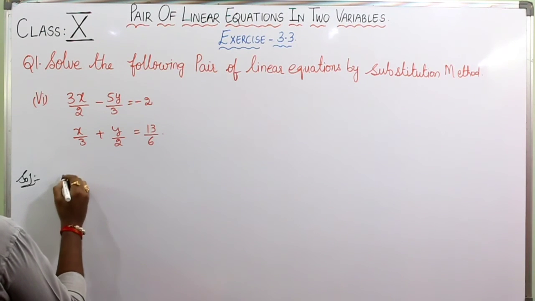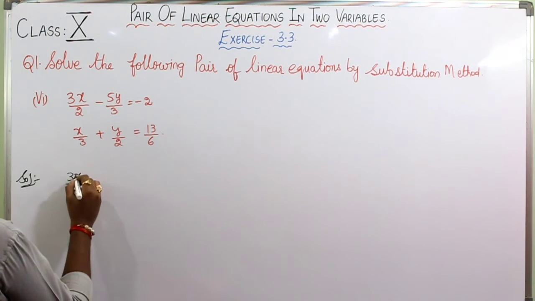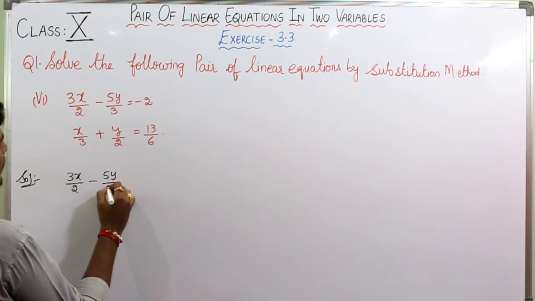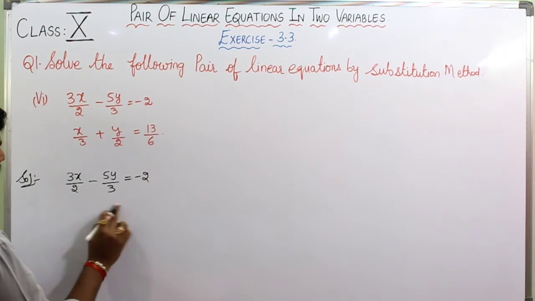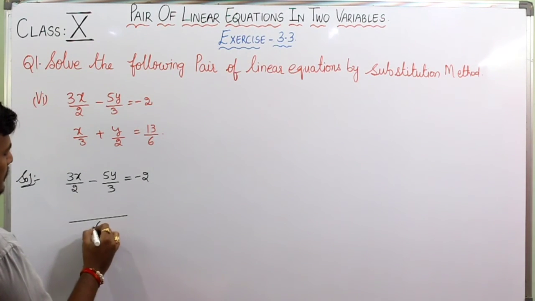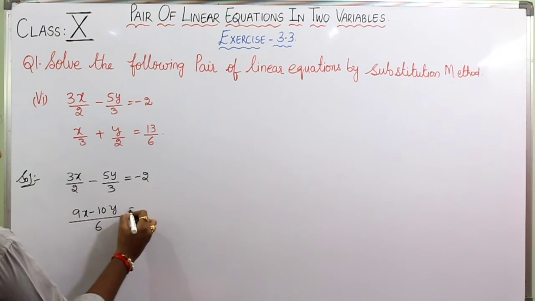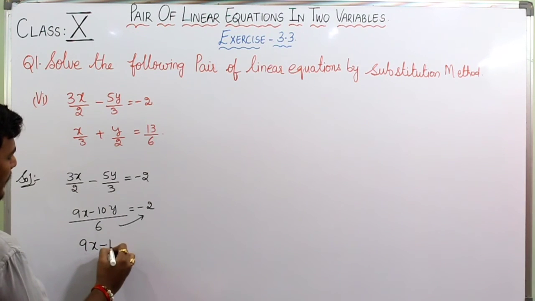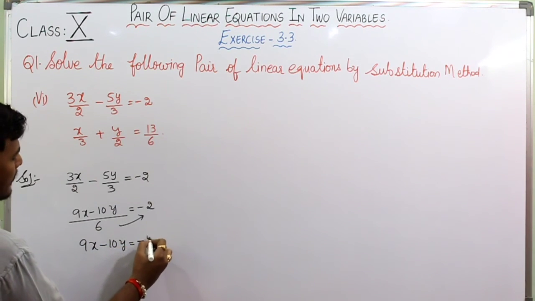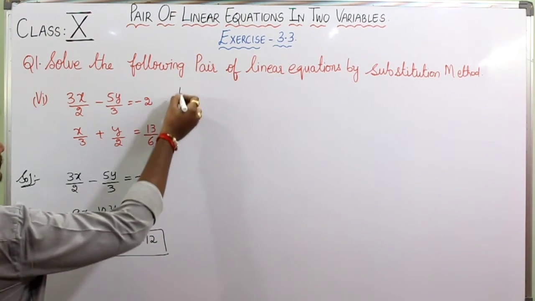So first consider the first equation, that is 3x by 2 minus 5y by 3 is equal to minus 2. Here if you take the LCM, 3 2s are 6. So 3 3s are 9x minus 5 2s are 10y is equal to minus 2. Shift the 6 to that side, 9x minus 10y is equal to minus 12.